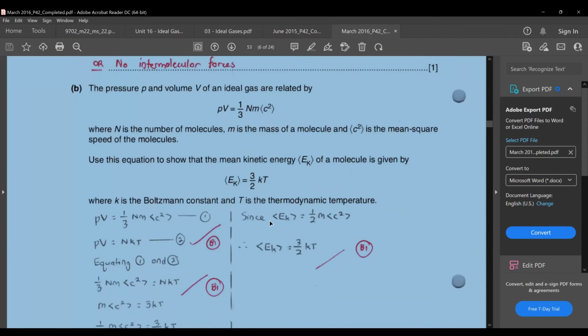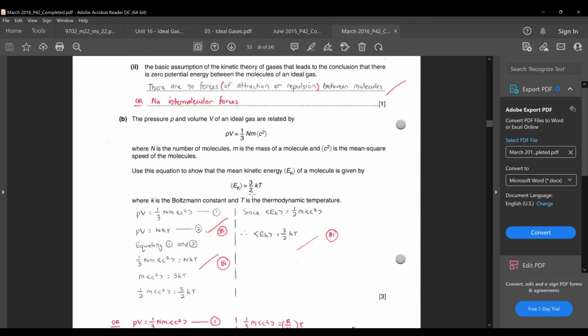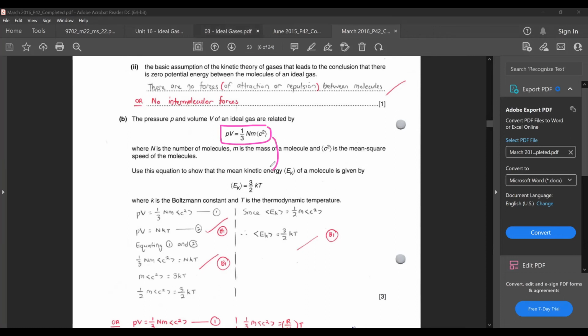All right, show that from this equation, you can get this. You actually need to use PV equals NkT. This combined with this will give you this. So you need to show the derivation.